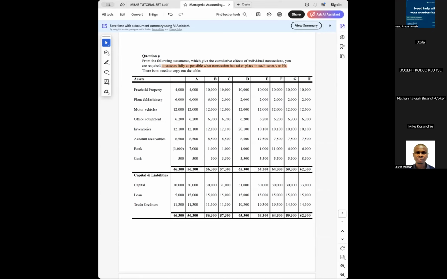All right, so how do we do it? So from case A, B, C up to H, as we can see from the table, on the very first column is a list of our assets, our capital, and then liabilities.